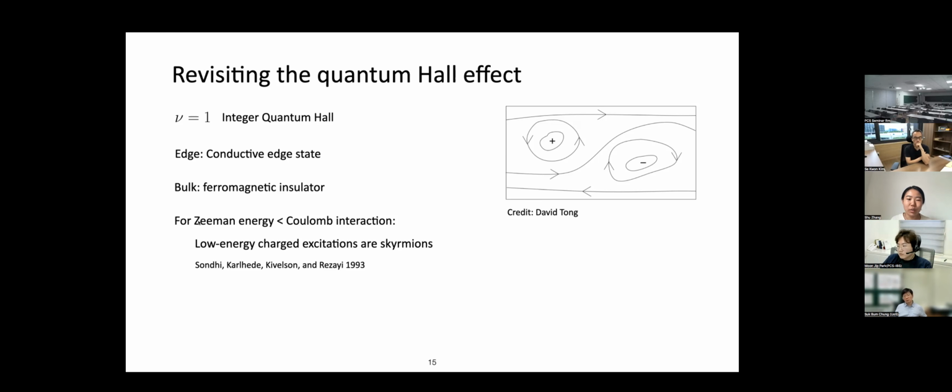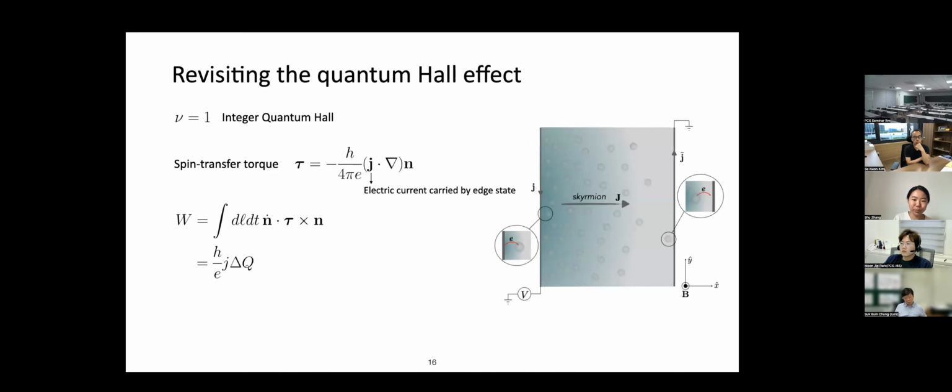But when the Zeeman energy is very small and the system is a ferromagnet, the lowest charged excitation is actually a skyrmion. So exactly like the ferromagnet case. Of course, you can have neutral excitations as spin waves, but the lowest charged excitations are skyrmions.